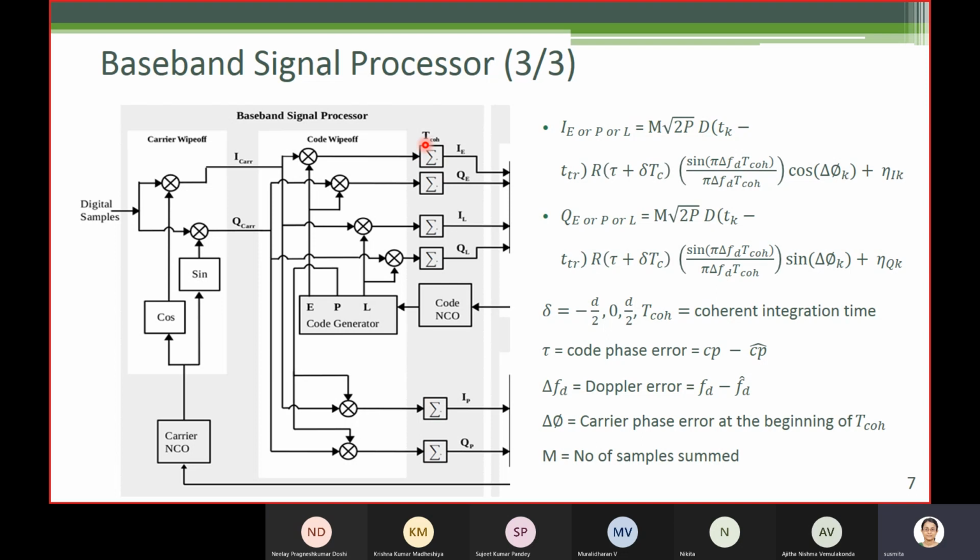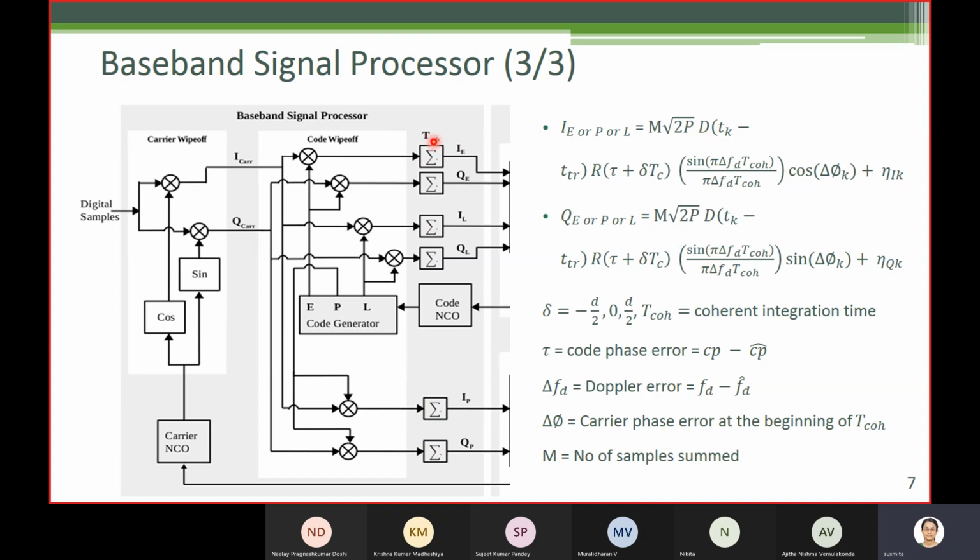Okay. Now D is, one data bit is 20 millisecond long. Within this 20 millisecond, within a data bit, D does not change sign. The sign of D can change only after 20 milliseconds. So generally if T coherent is within 20 milliseconds, it can be expected that D does not change its sign. We know D can take one of the two values, +1 or -1.